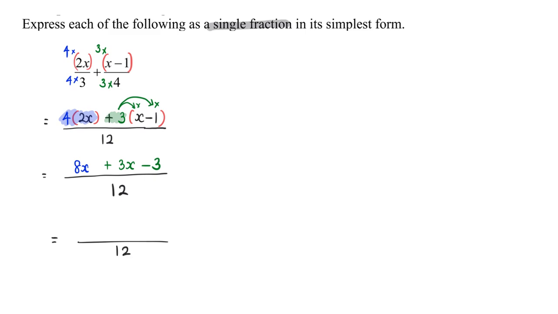We continue to simplify the like terms. 8x plus 3x, 11x. There is still a negative 3 down there. And this will then be the final answer because we have successfully expressed as a single fraction and in its simplest form.